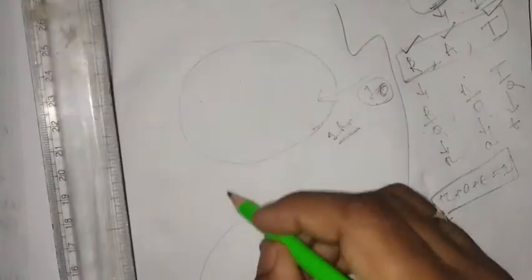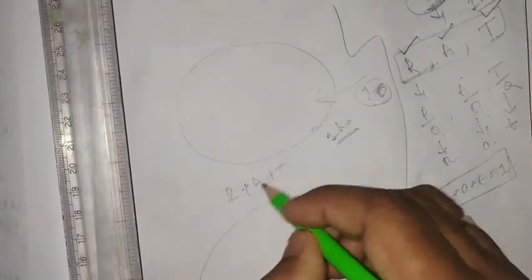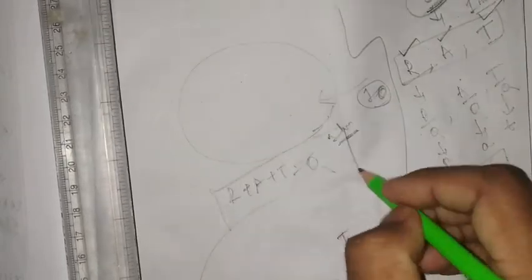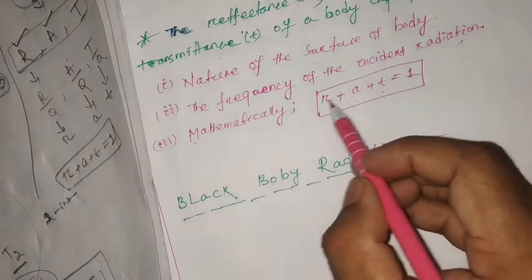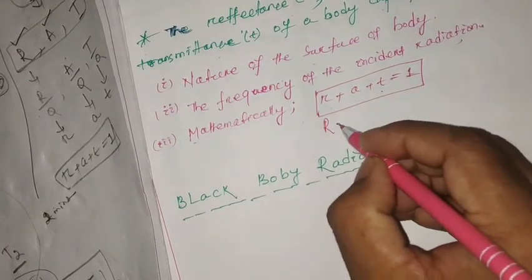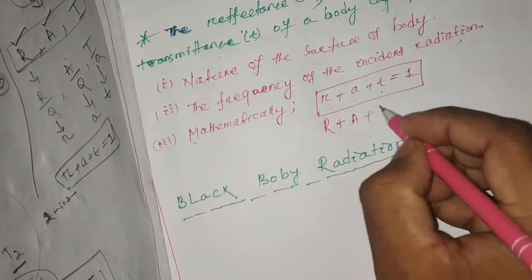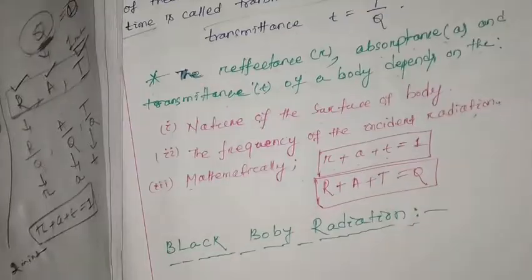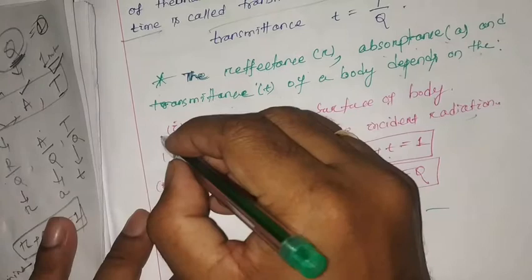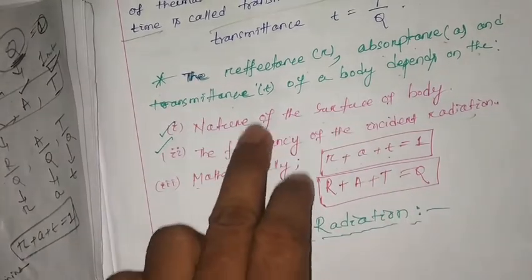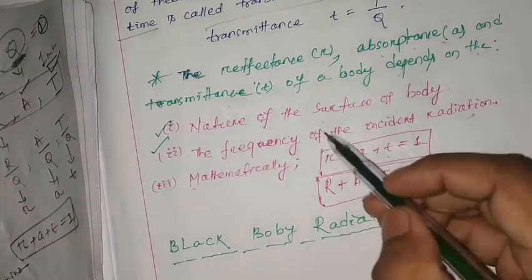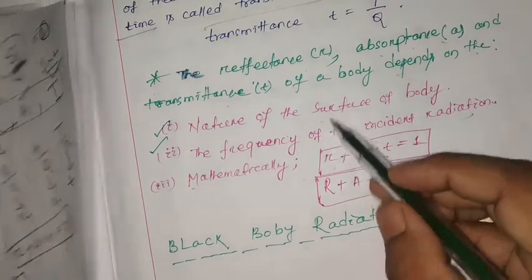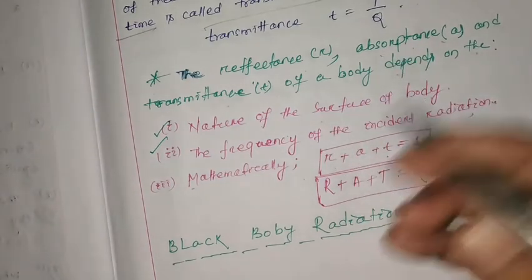Adding capital R plus capital A plus capital T gives Q. So r plus a plus t equals 1, and R plus A plus T equals Q. These two important points will be required in our future classes.